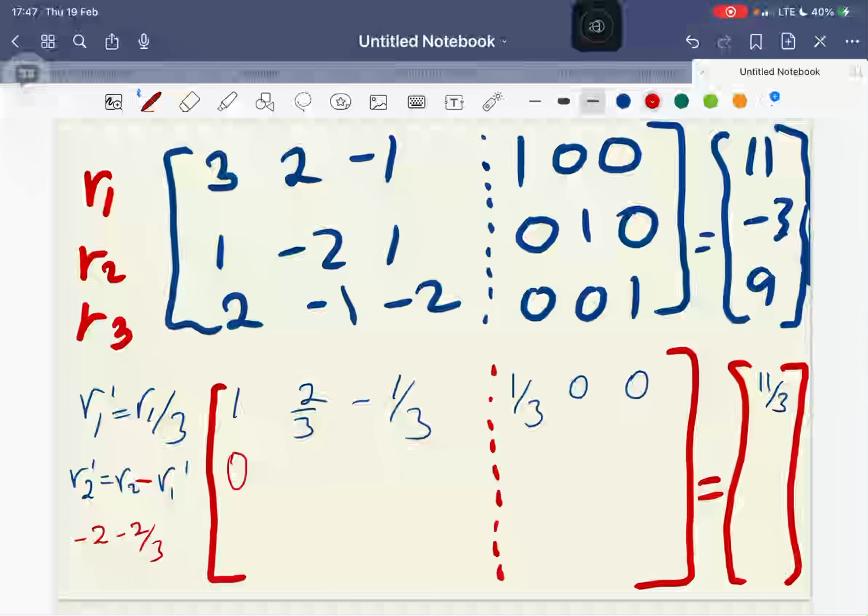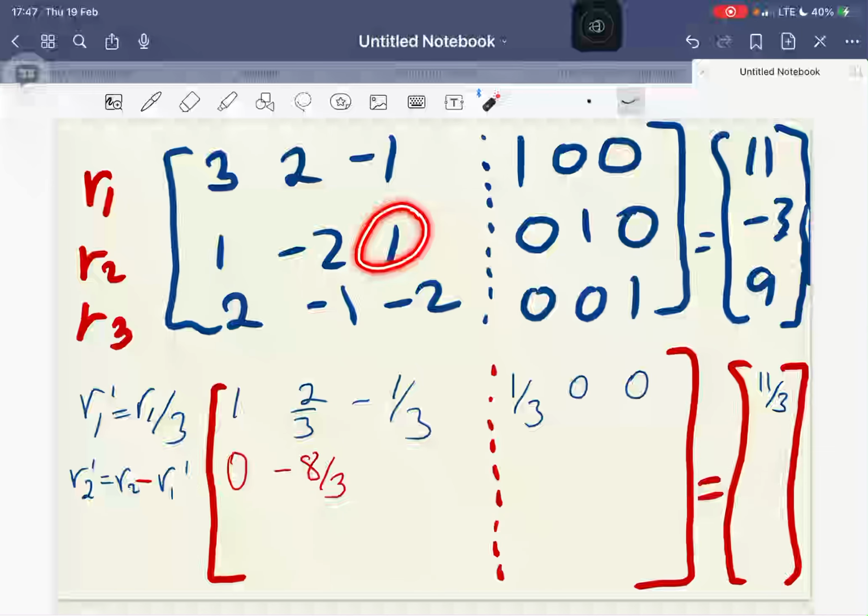If we simplify this, this gives us minus 8 over 3, right? Then the next thing is 1 minus 1 over 3. 1 minus 1 over 3 is just going to give us 4 over 3, right?